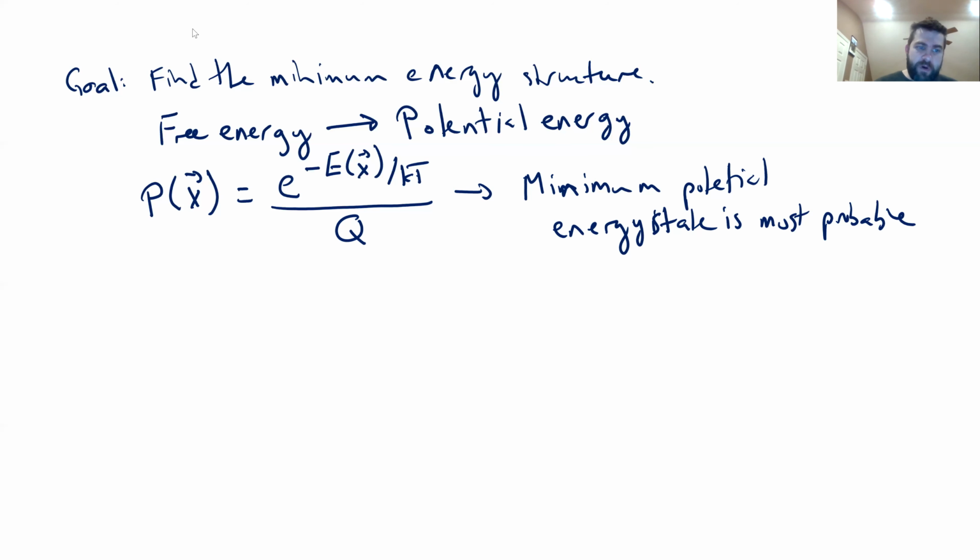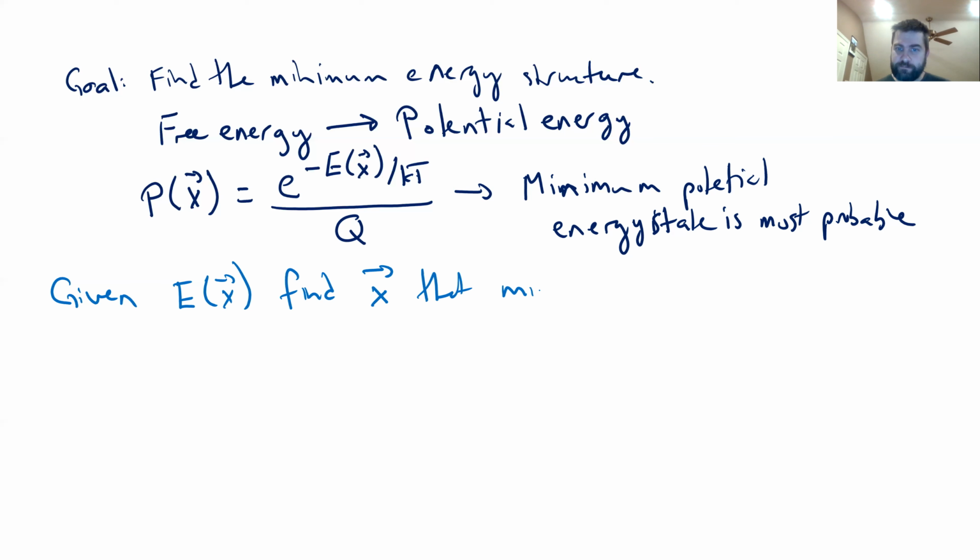So what does this really mean? The problem we're trying to solve then is, given some expression for the energy as a function of coordinates of the system, we want to find the X that minimizes E. That is, we want to find the minimum X of the energy function.